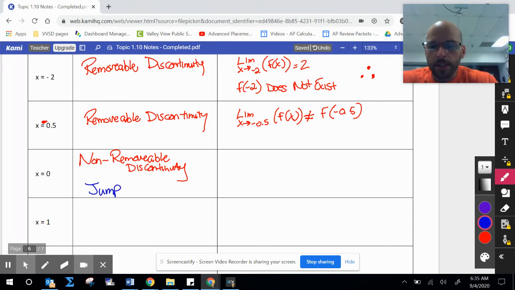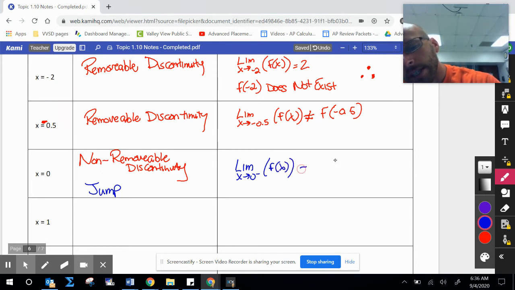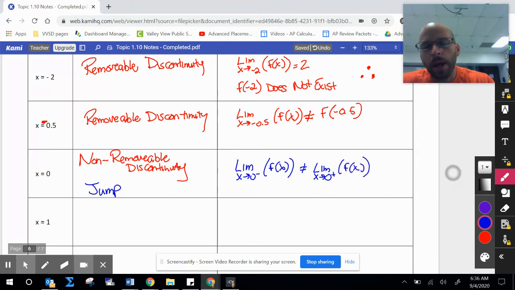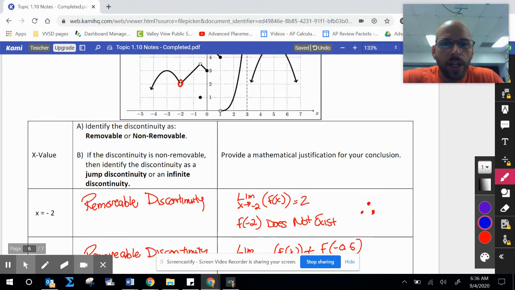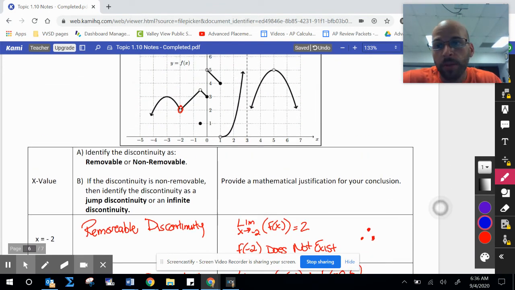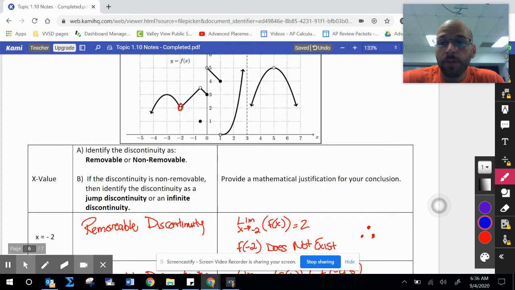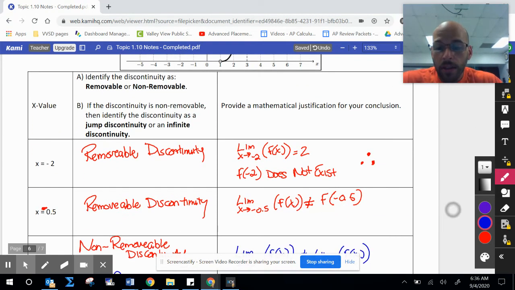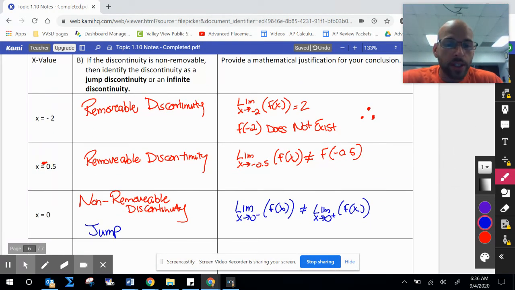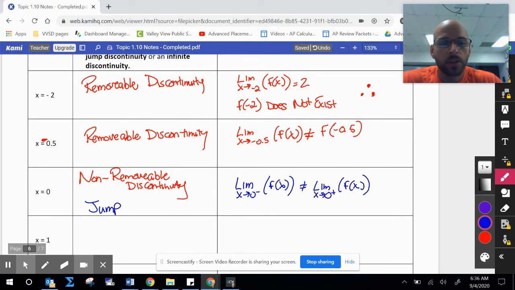The reason is that the limit as x approaches 0 from the left of f of x does not equal the limit as x approaches 0 from the right of f of x. And if my box were a little bigger, you could be even more specific: the limit from the left is 3, the limit from the right is 5. Therefore, those two limits are not equal, and you know you have a jump discontinuity.